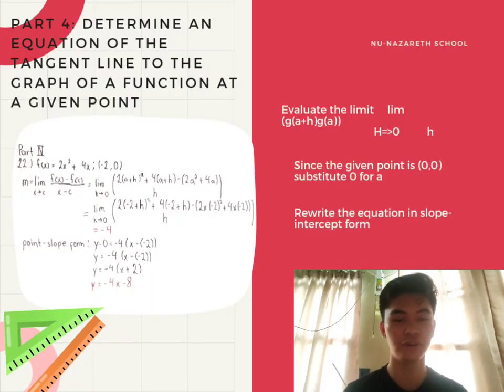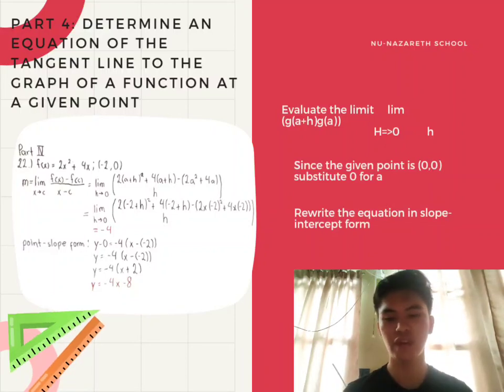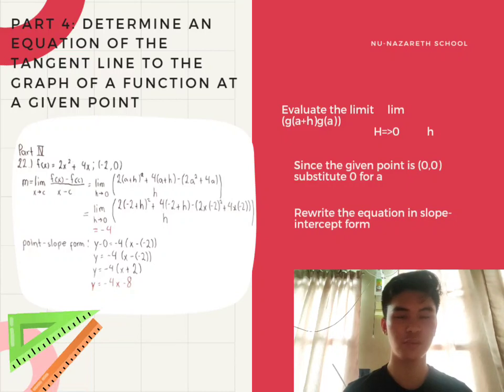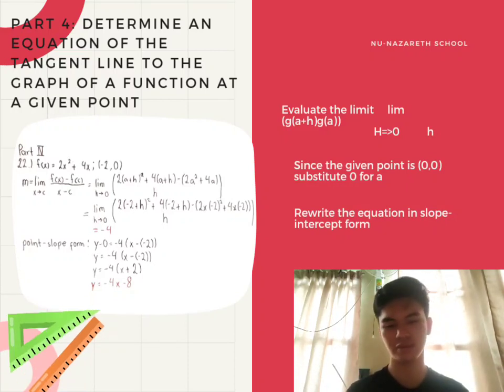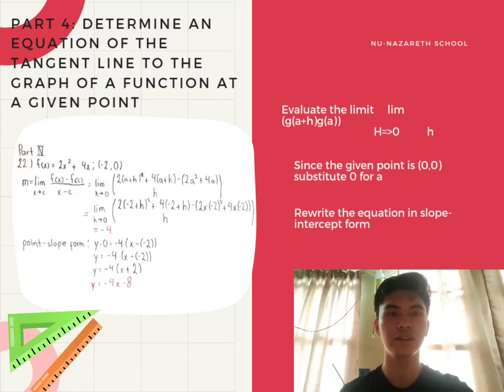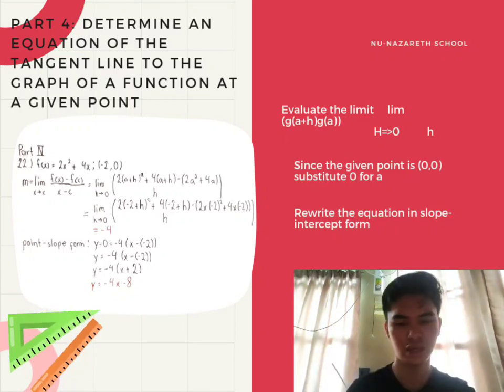My part 4 is 25. G of x equals x cubed minus 4x, open parenthesis, 0 and 0, close parenthesis. Since the given point is 0 and 0, I substitute 0 for a.